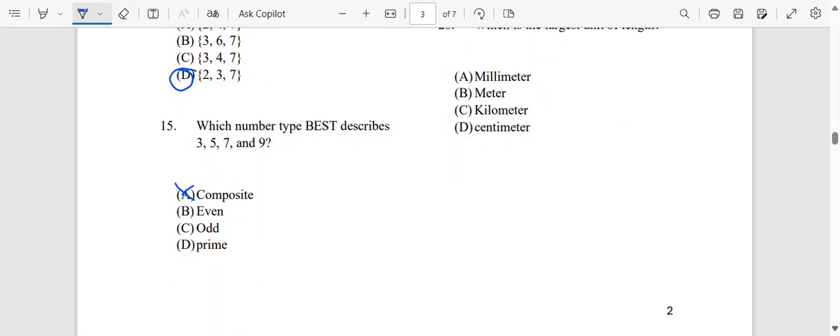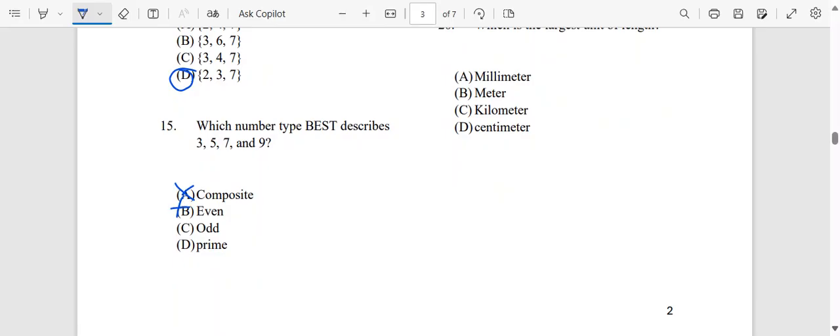So it won't be composite. Even numbers, we know that it's not even numbers, because 7 and 5, they are not even. We can't divide those by 2 and have no remainder. All right, so the only two that we are left with is prime and odd number.